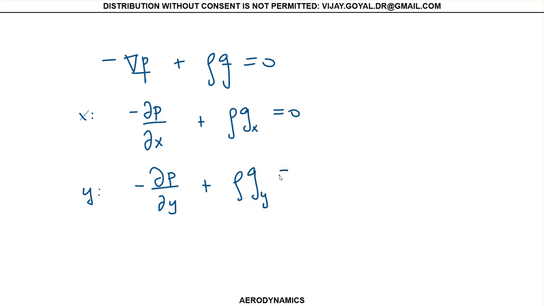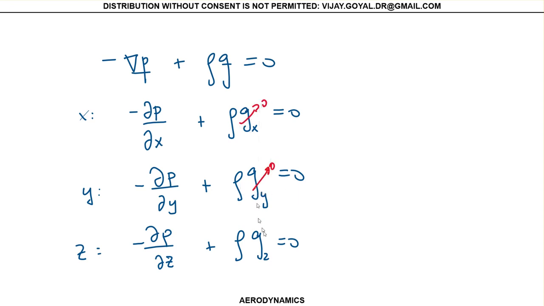And in the z direction, this is minus partial of p with respect to z plus rho g in the z direction is equal to 0. Now, if you realize that the gravitational force only acts in the z direction according to our coordinate system, then these go to 0, right? And this is equal to g.